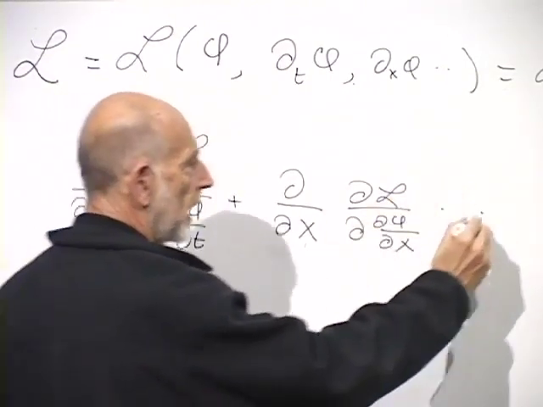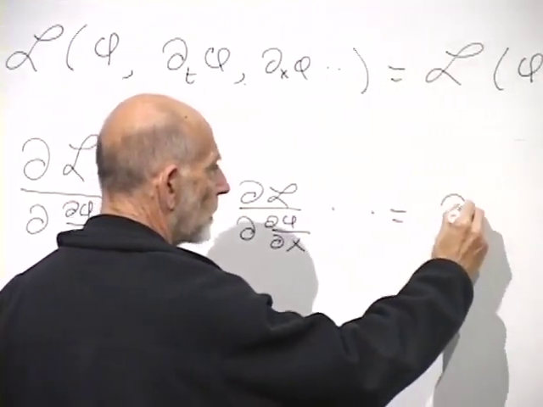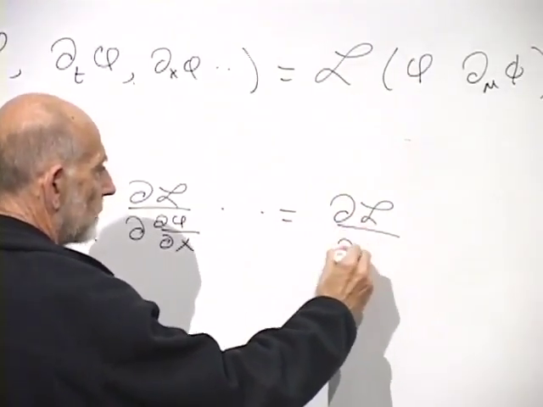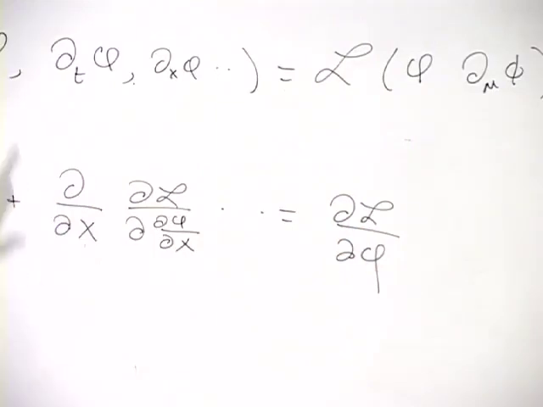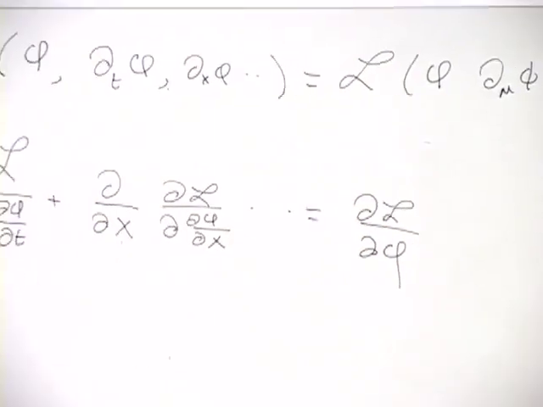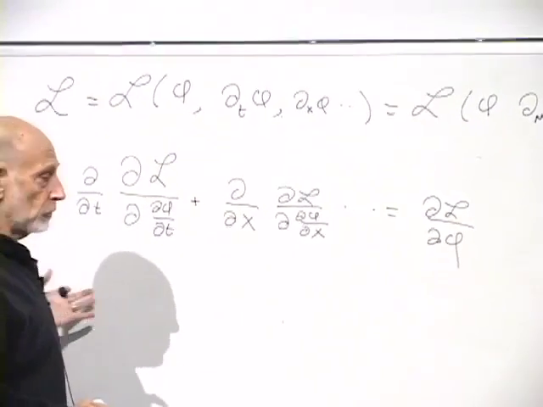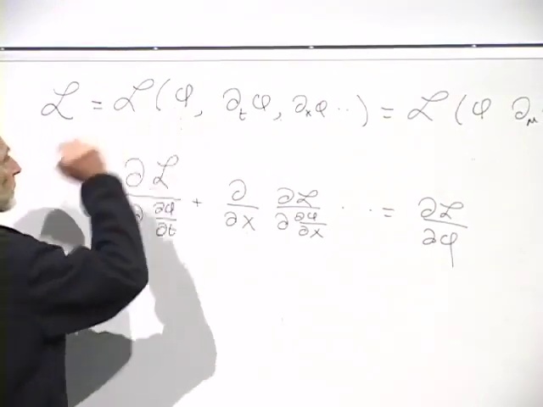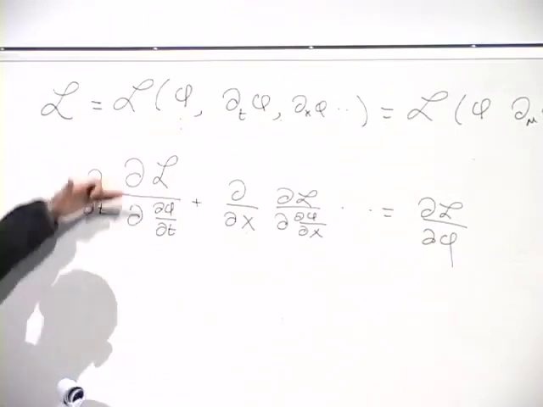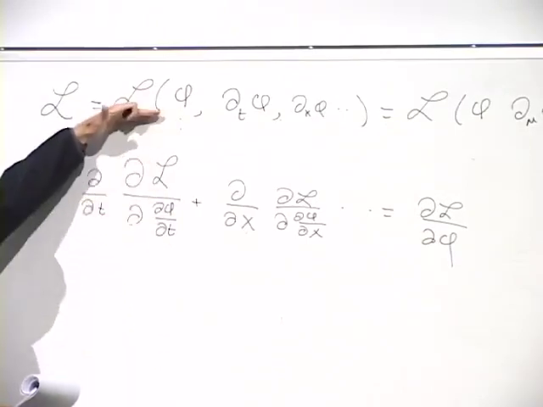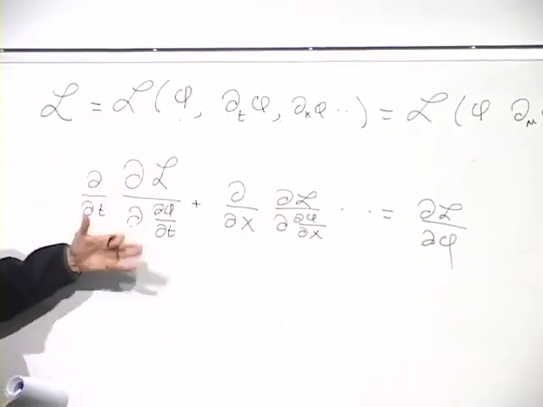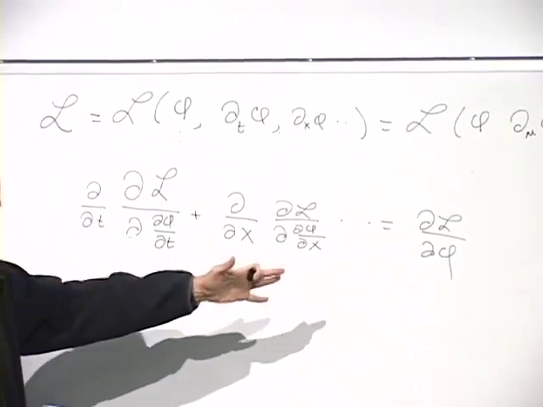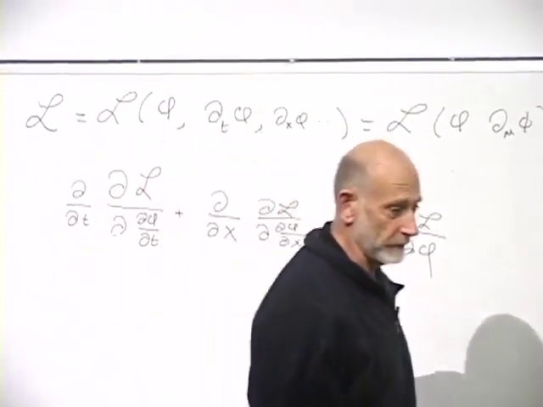And then you set that equal to the derivative of the Lagrangian with respect to the field itself. Lagrangian depends on the field itself. That is the equation of motion for the field phi. If your Lagrangian depends on several fields, then you do the same thing over and over for each one of the fields, and that generates the system of equations for all of the fields.